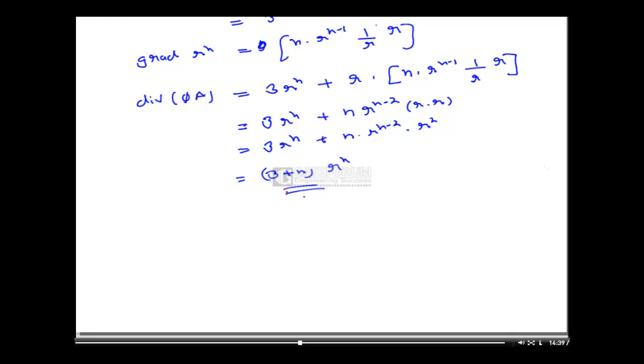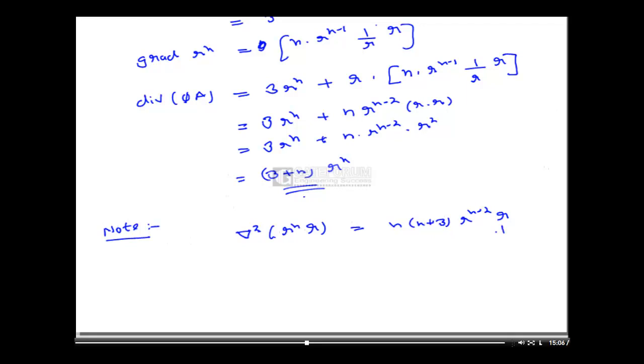To this problem, just one note. Del square r to the power n r is equal to n plus 3 r to the power n minus 2 r.